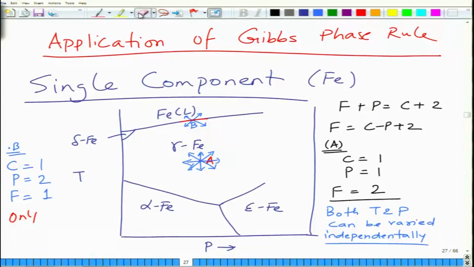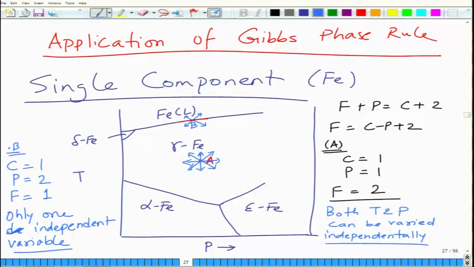So you can say that only one independent variable. You vary temperature, pressure is adjusted automatically to maintain two phase equilibrium because you have to be on this line. Similarly, if you vary pressure, the temperature is adjusted accordingly to maintain the two phase equilibrium.